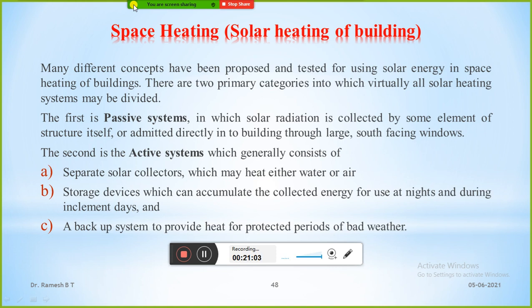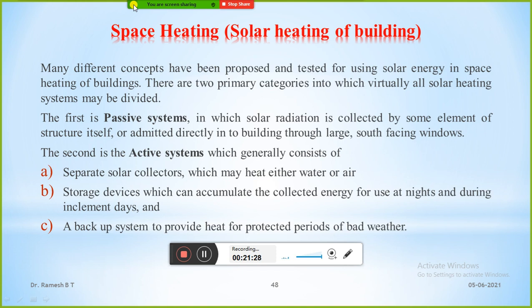Here we are not using any type of mechanical devices. The second one is called active systems, which generally consist of mechanical equipment, like a separate solar collector for heating water or air, then a storage device.